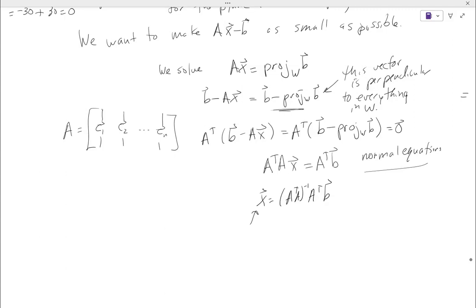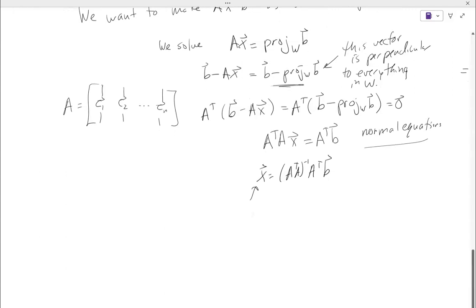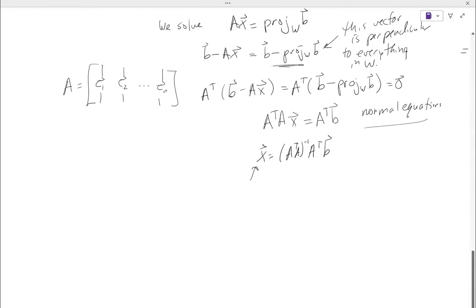All right. Let's say that the data points that we have are 6.8 and 0.8.